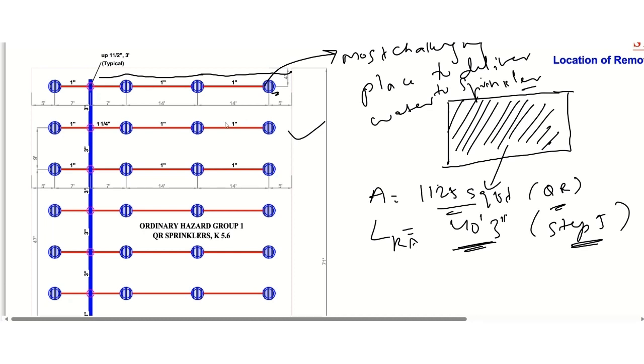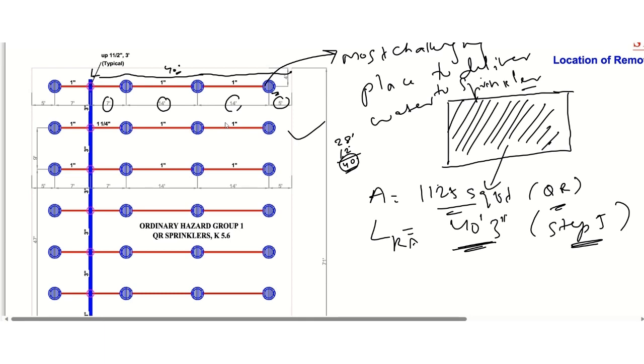Here, this is 5 feet, 14 feet, and here we have 14 feet, and till here it is 7 feet. So we are getting 28 feet plus 12 feet, so it will be about 40 feet. But the length of the remotest area shall be 40 feet 3 inch. So till here it is only 40 feet.